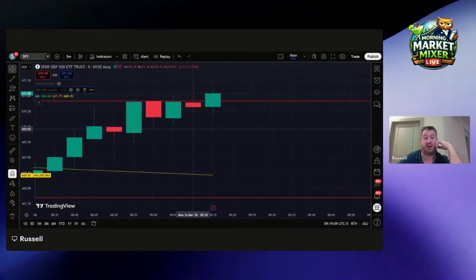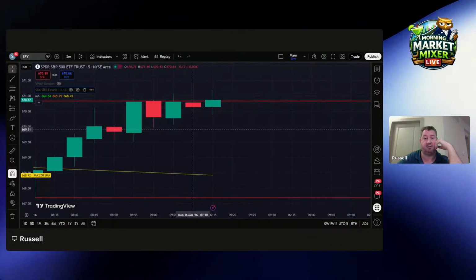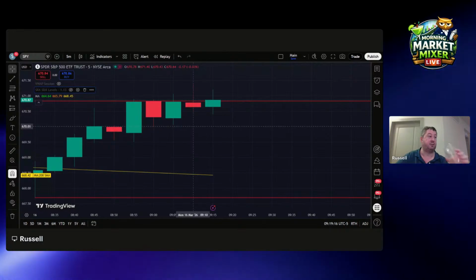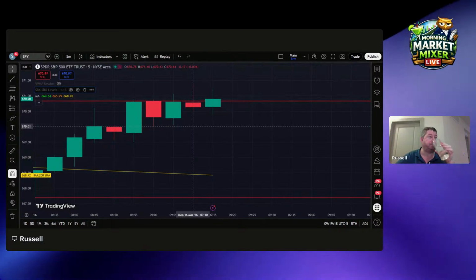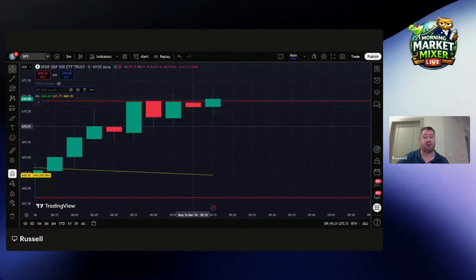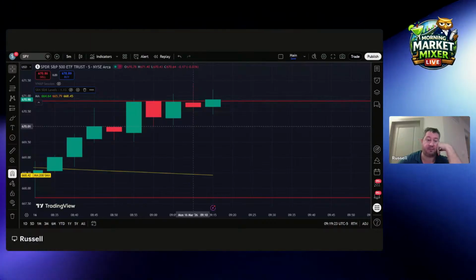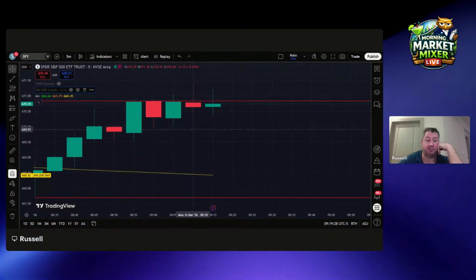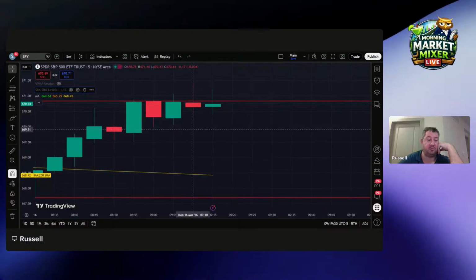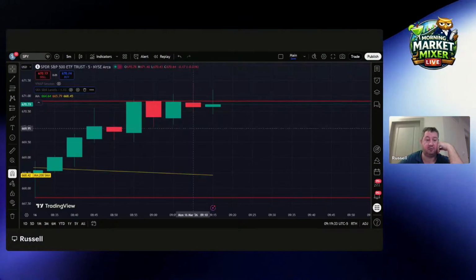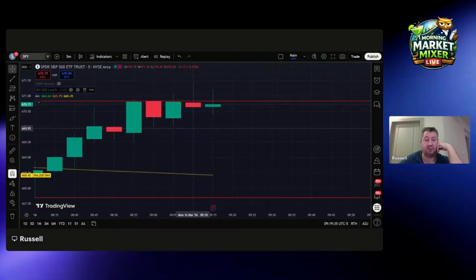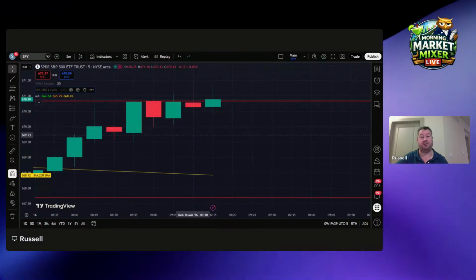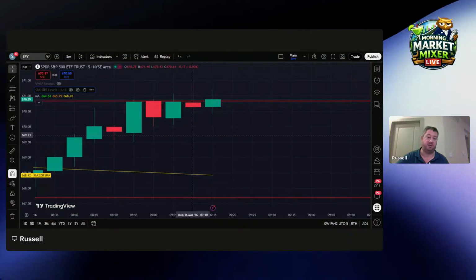Just 1 minute left on this candle. Good. There we go. See what happens going forward. It's kind of indecision at the moment.